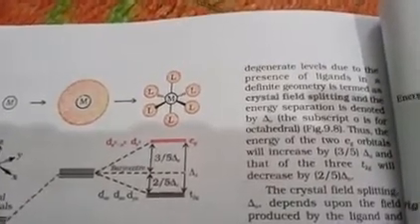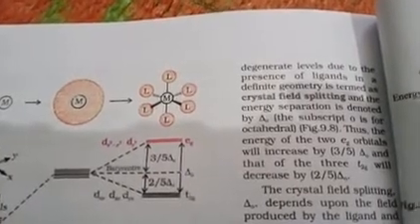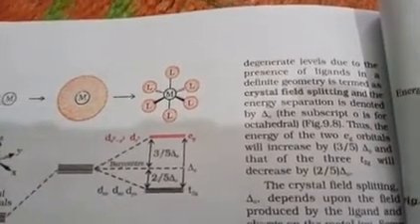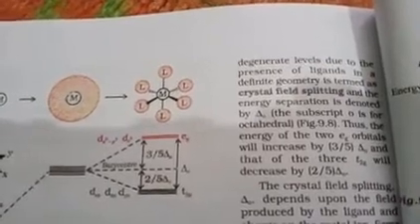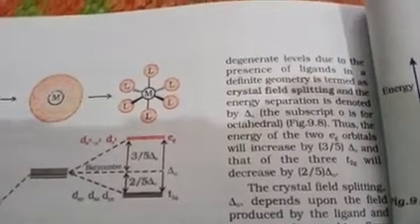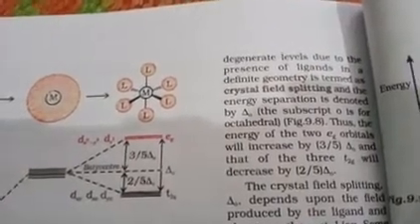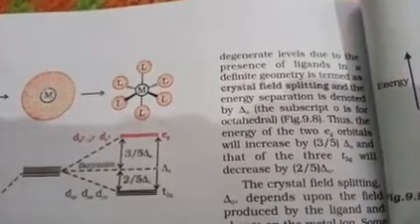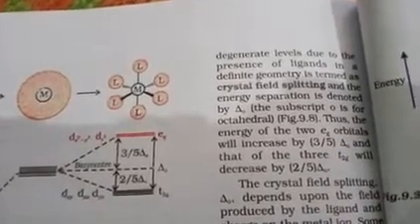The x square minus y square and z square orbitals, which point towards the ligands, have higher repulsion, whereas the xy, yz and zx orbitals, which are far away from the ligands, have lower energy.